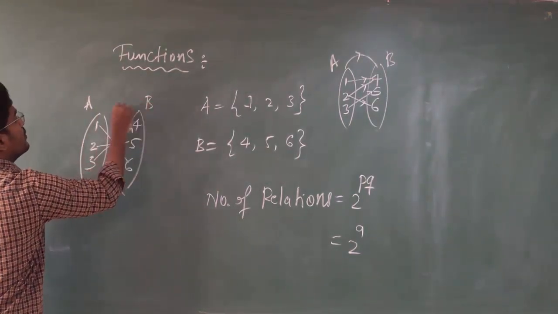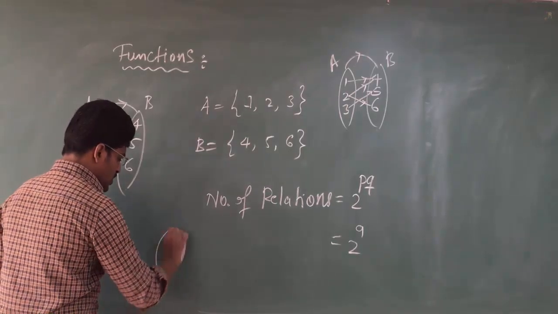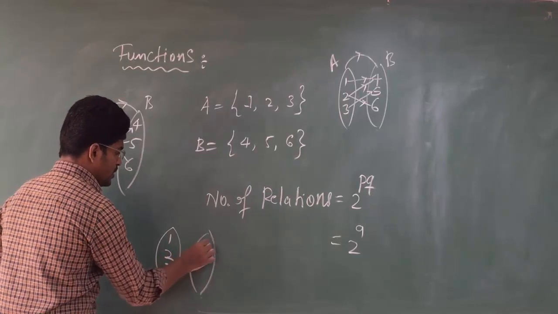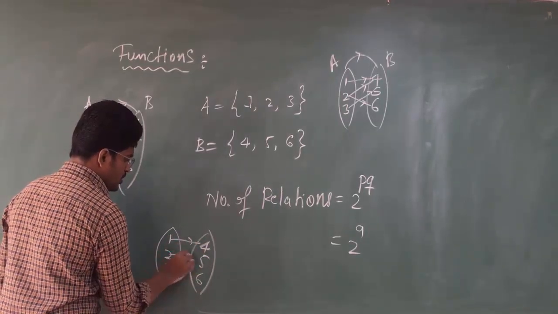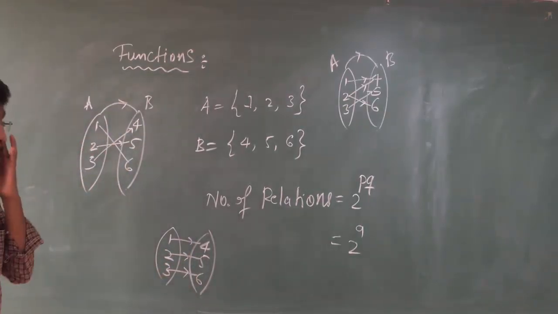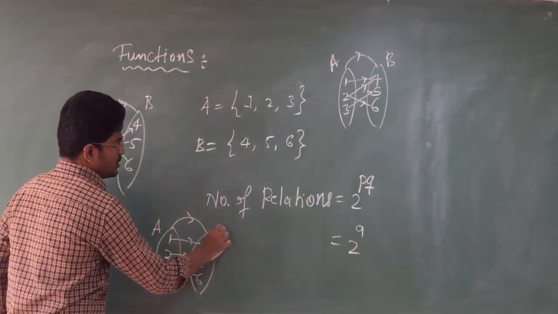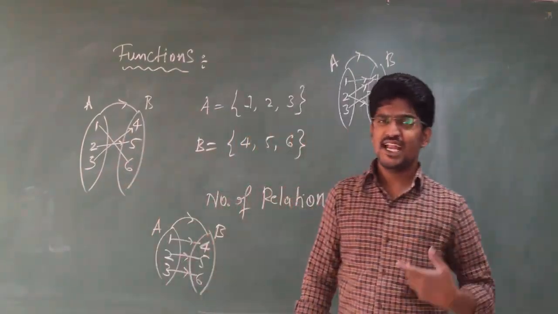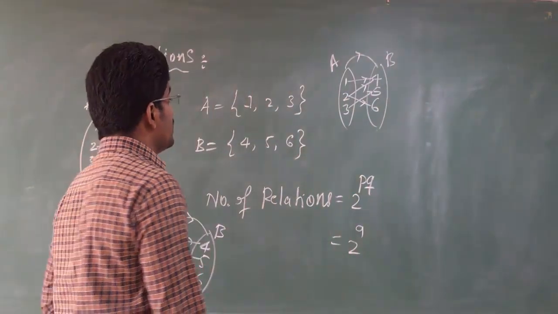A to B. Okay, I will take one more here. 1, 2, 3, 4, 5, 6. 1 goes to 4, 2 goes to 5, 3 goes to 6. Okay, now I will give one hint to understand the function. What is that hint?